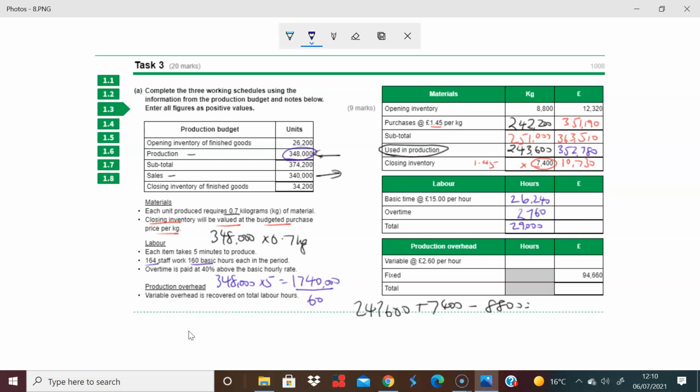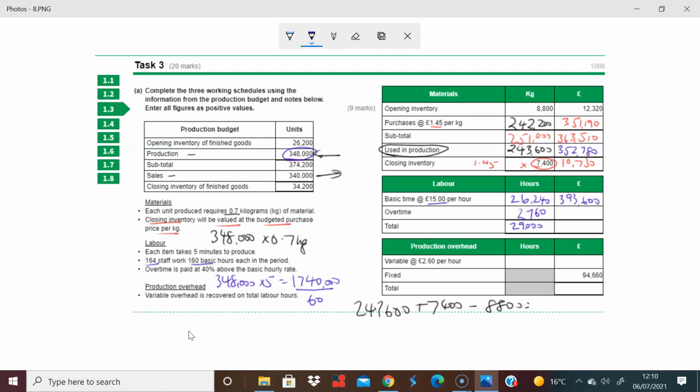Now we are told that we pay people, I saw that, yes, £15 an hour.